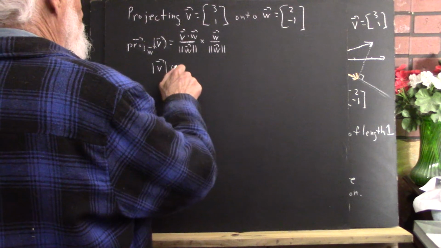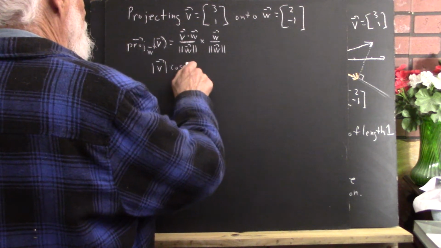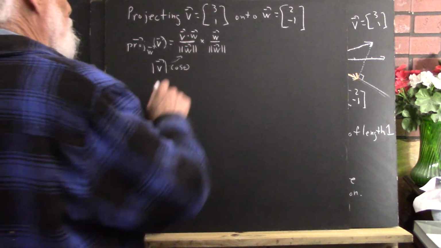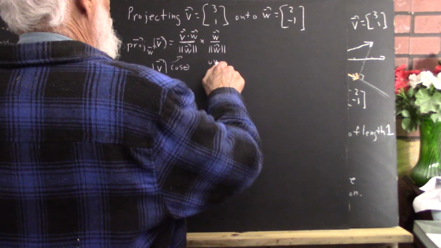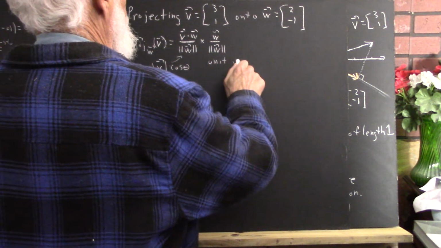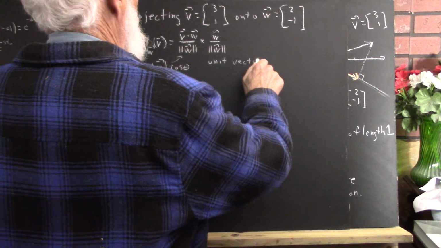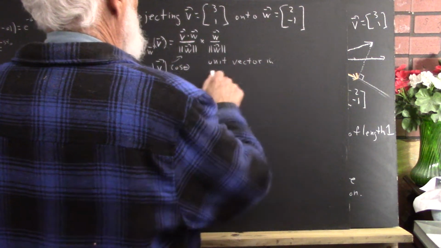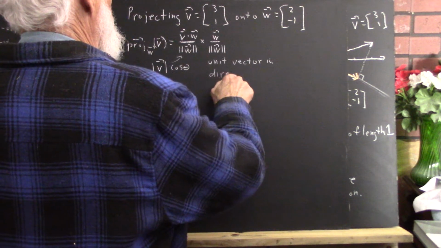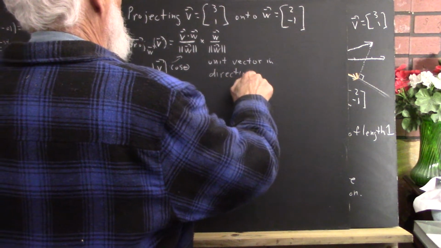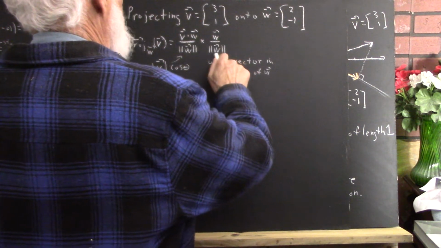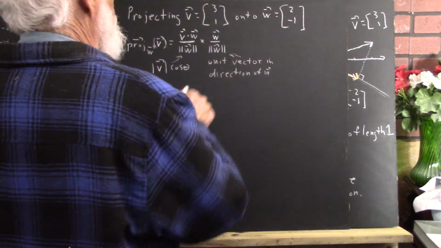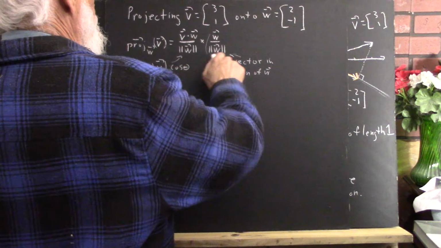Here, the magnitude of V cosine theta is this part of the expression. And this part of the expression is your unit vector in the direction of W.